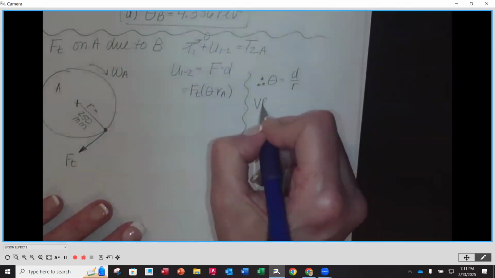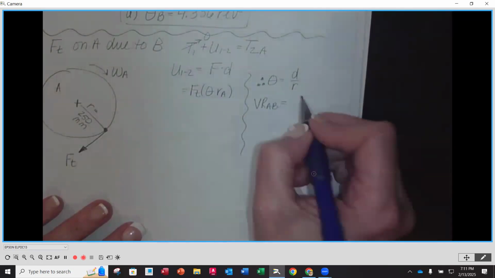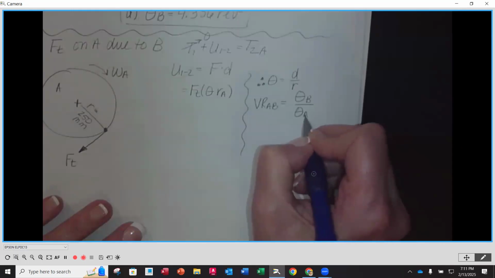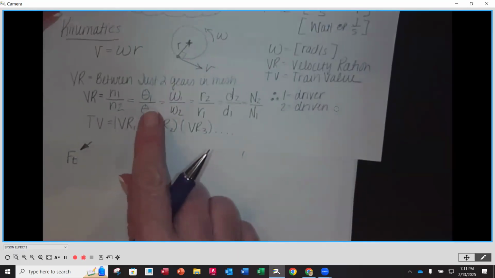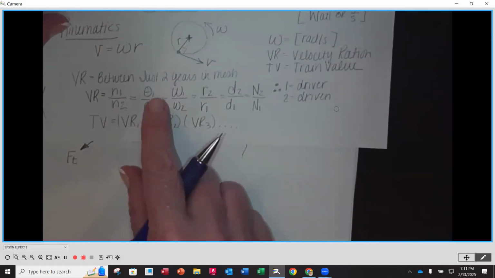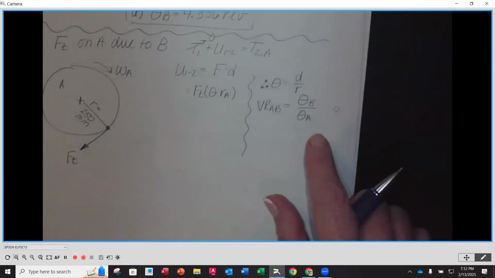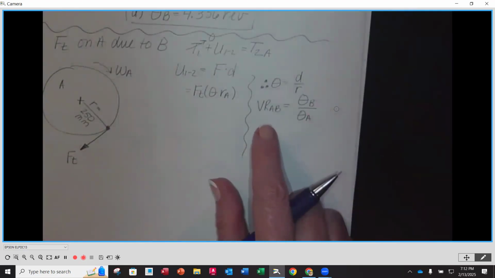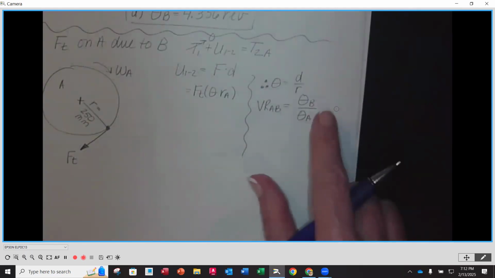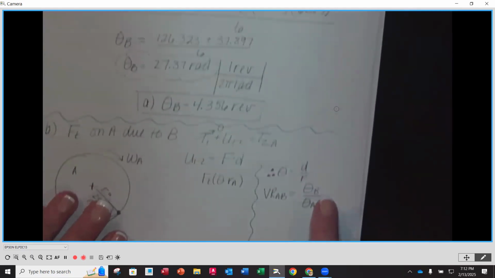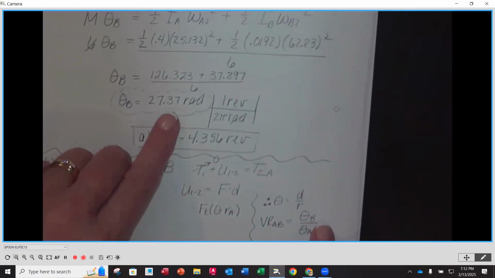We know that our velocity ratio A to B is equal to theta B, the driver, over the driven. And this is one of these guys right here. So driver over driven. The driver was B over the driven. We know that our velocity ratio is 2.5. We know the theta of B. We know how many radians it goes through right there.